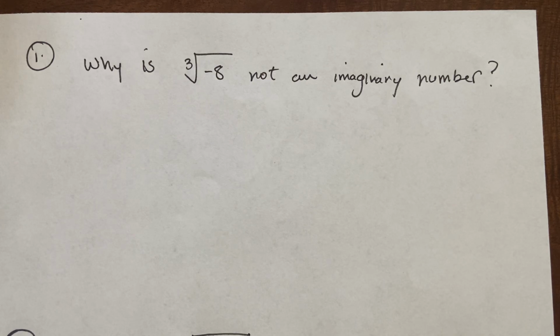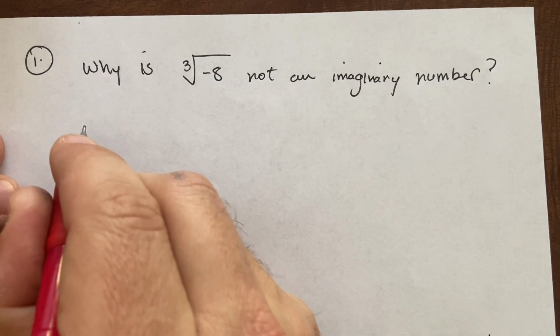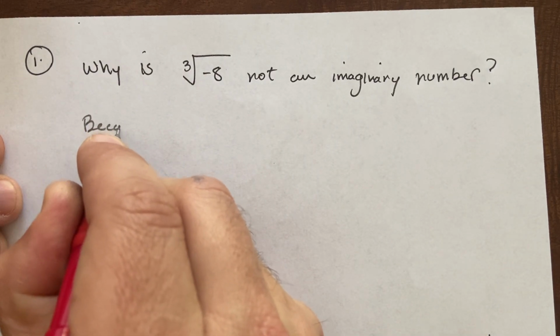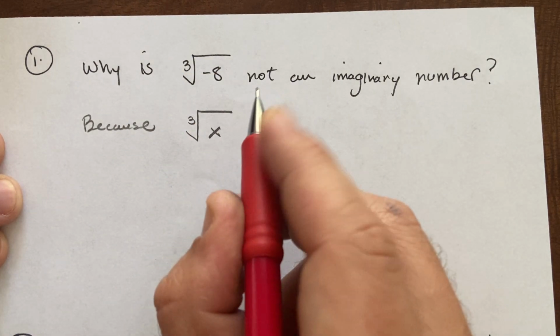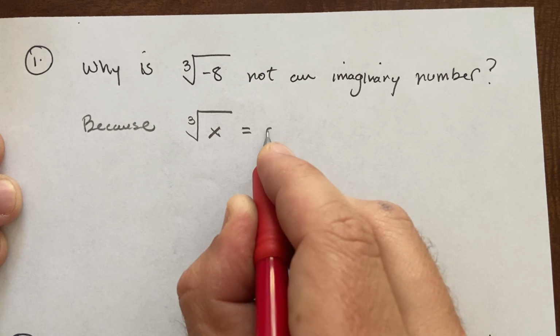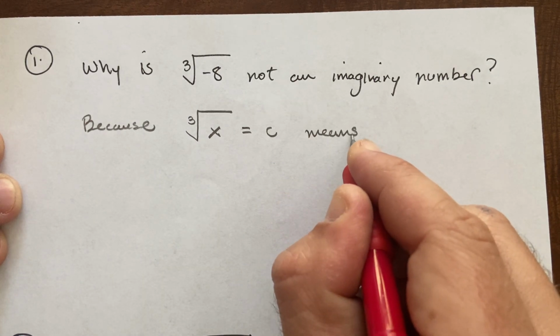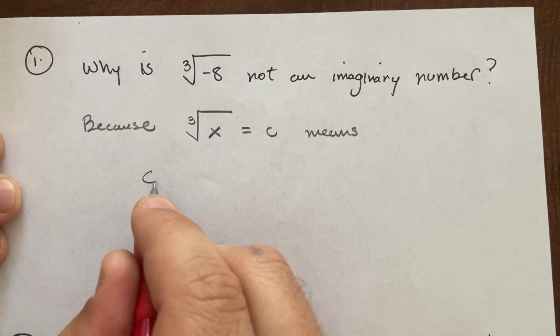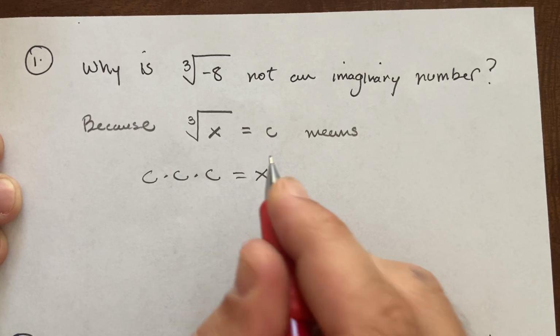Number one, why is the cube root of -8 not an imaginary number? So the cube root basically means, because when you have the cube root of some number x, and if that equals a number like c, then this means that c times c times c would be x.